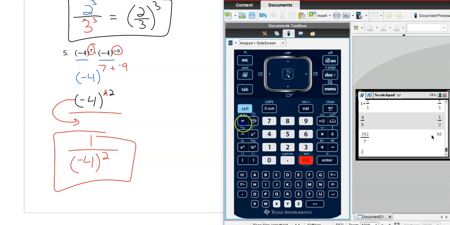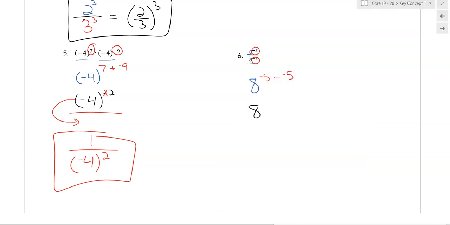This is negative 5. This is your negative button. This is your minus button. So it's negative 5 minus negative 5. And we get 0 there. So that's 8 to the 0. Now again, we have this lovely 0 exponent, so our answer is simply 1.